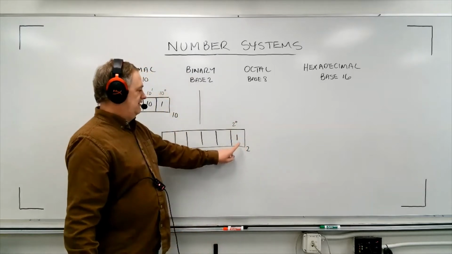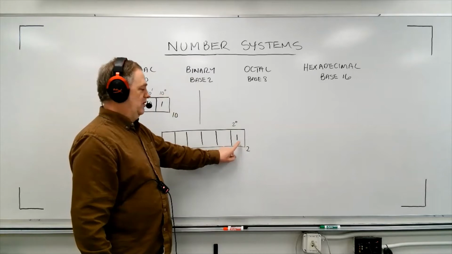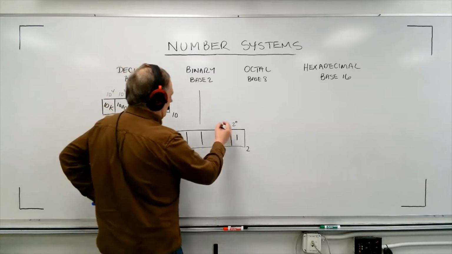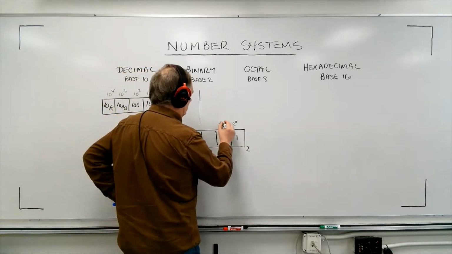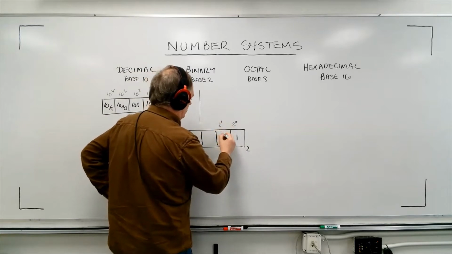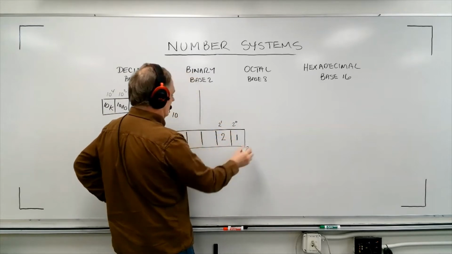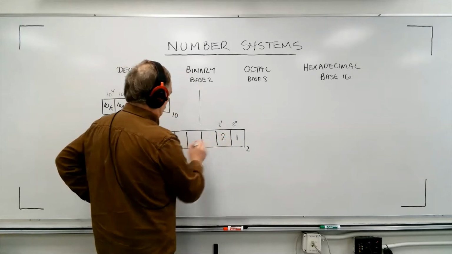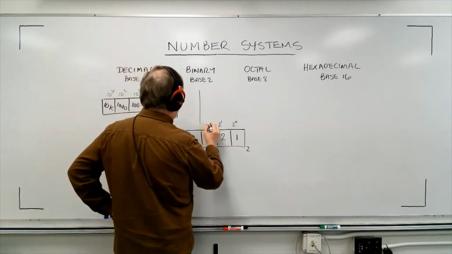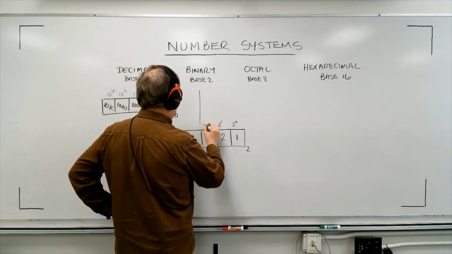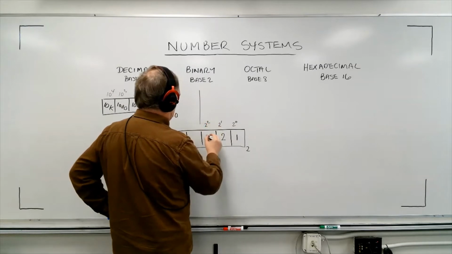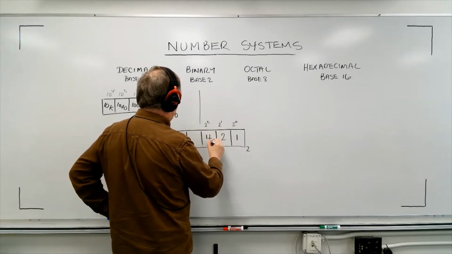And so that means in this space, we can actually only count 1 item. In this space, we have 2 to the 1, which is actually 2. We can count up to 2 things in this space. Now in this one, we have 2 to the power of 2, which means this space is worth 4.